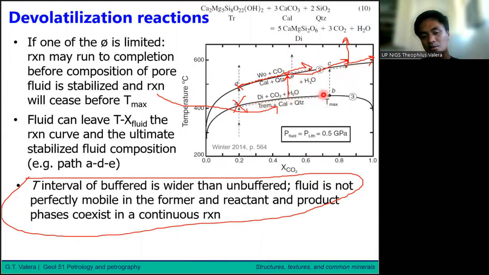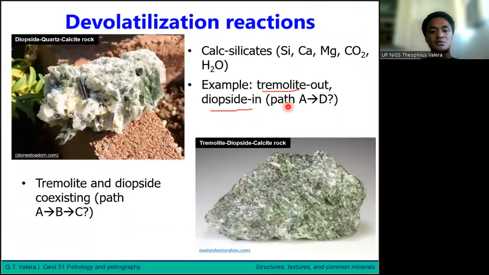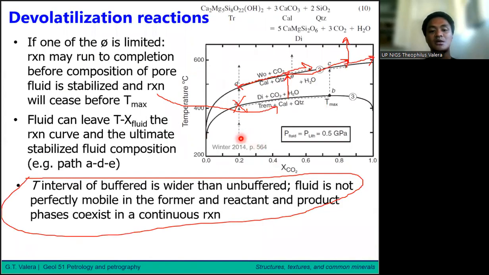While it traverses this reaction, here for example, in this particular area of continuous reaction, you actually have both diopside, tremolite, calcite, and quartz. So like this one, for example, a tremolite, diopside, calcite rock. We can think that this must be the A, B, C reaction, but the reaction was not completed.